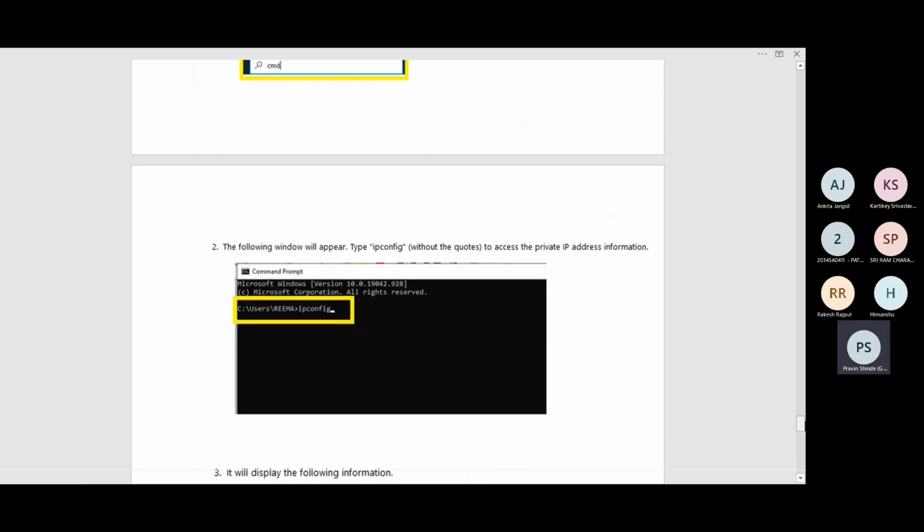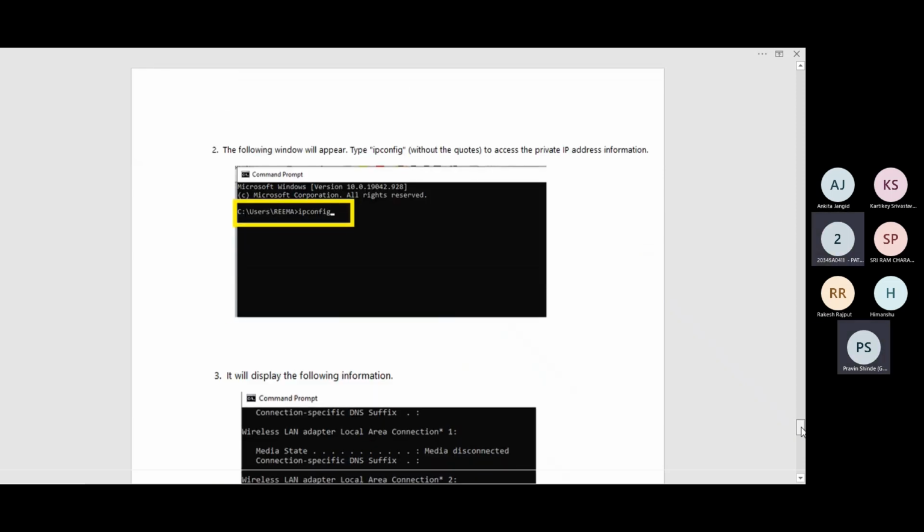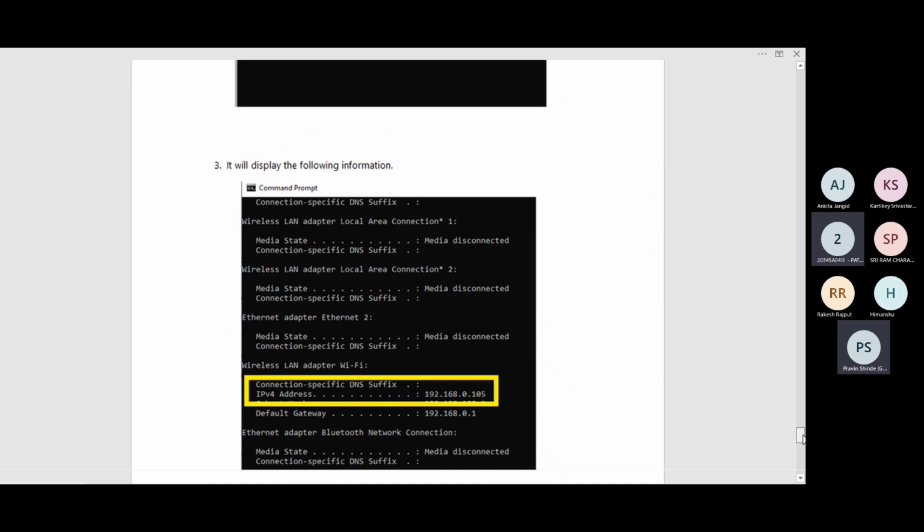I show the screen. We got it, sir. Okay, so ipconfig /all is for the MAC address, and ipconfig is for your IP address. It gives details of your IP address, including the Wi-Fi LAN or Ethernet LAN.